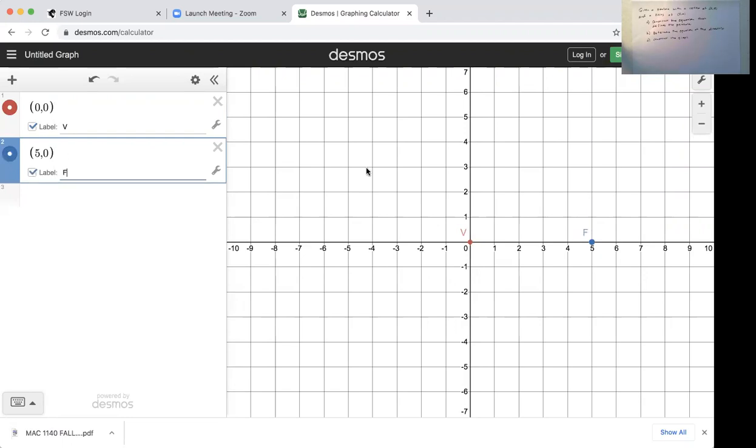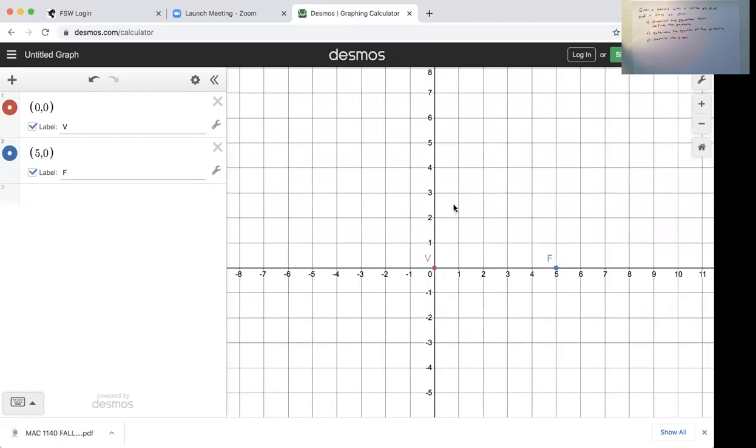The way these parabolas work is the parabola grows around the focus, and whatever it does, it runs that direction. Now, this is an opening-to-the-right parabola. So we basically have 4 different cases to look at.